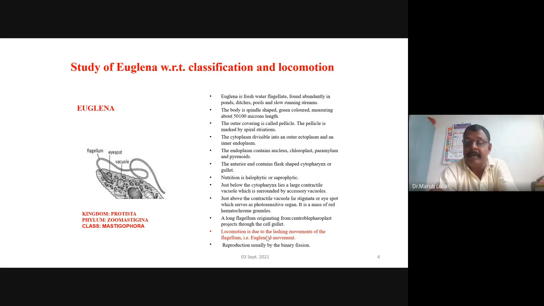It is nothing but a mass of red haematochrome granules. I will go speedily. The locomotion of Euglena is due to the lashing movement of the flagellum, that is euglenoid movement. Reproduction is usually by binary fission.